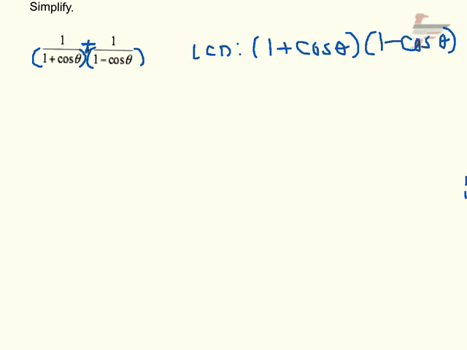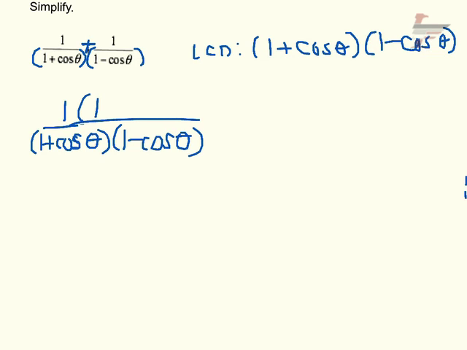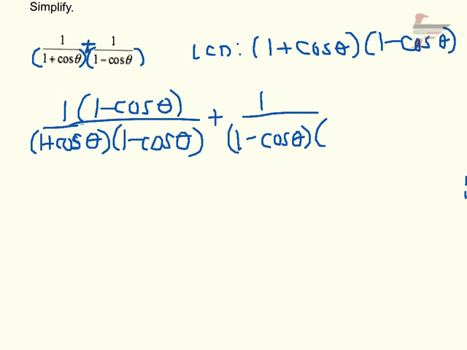So my first fraction has to be multiplied by 1 minus cosine theta. I have to multiply the numerator by that also to balance out. And the second fraction has the minus and needs the 1 plus cosine theta, and the numerator needs 1 plus cosine theta also to balance out.